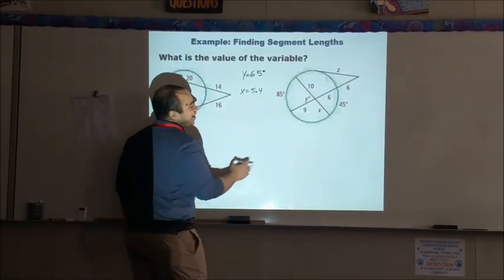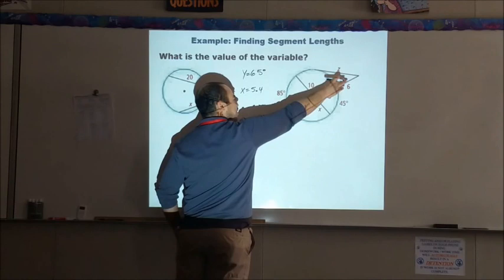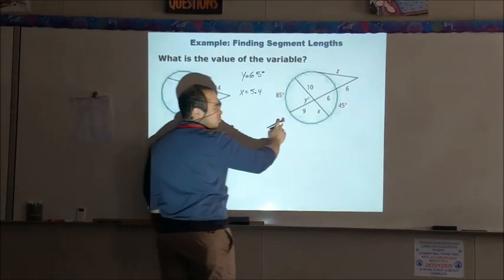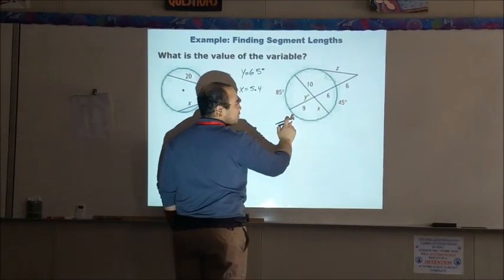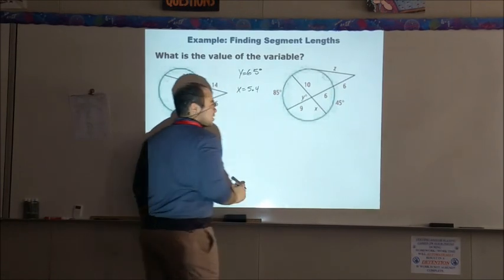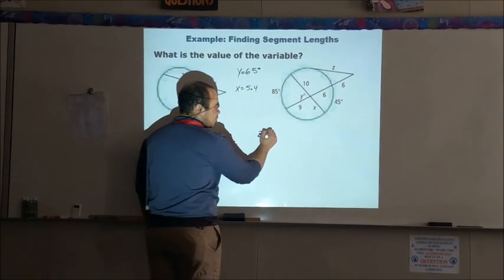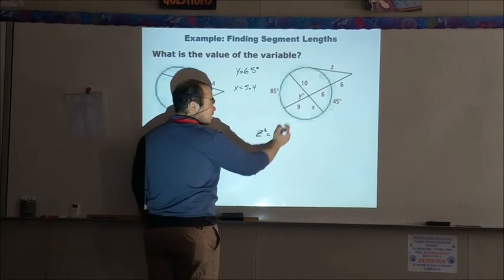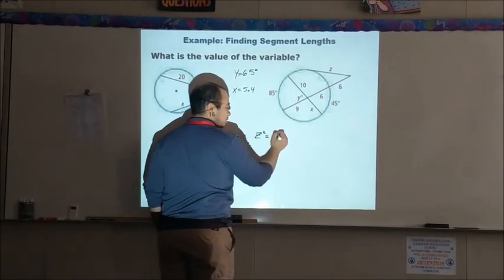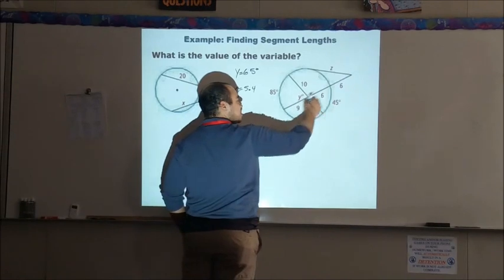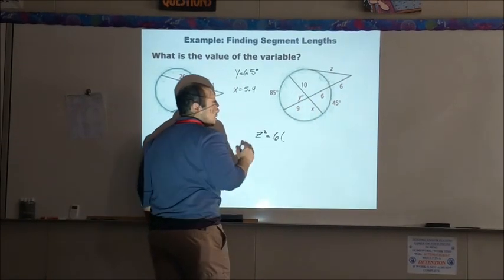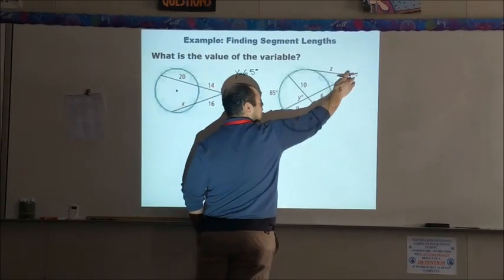You'll be okay. All right, so z is a tangent, and there is a secant within this circle that is intersecting the tangent z. So we should remember that formula before, where z squared is going to equal the outer portion of the secant, so 6, times the sum of all pieces of the secant. So in this case, this piece plus this piece.